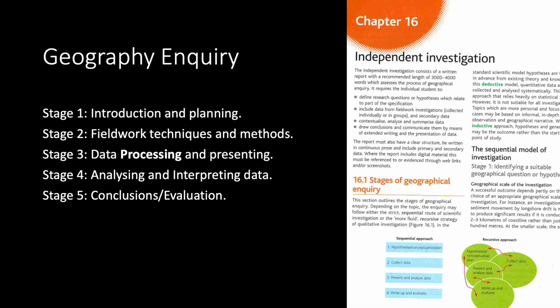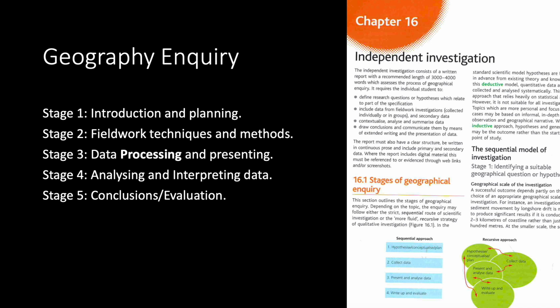So you need to start thinking about a topic, but your investigation needs to have all of the stages of a geographical investigation in. There needs to be an introduction, some planning, and in that you need to read some geographical literature, i.e. what have other experts said about this topic in the past, what other geography research has been done.